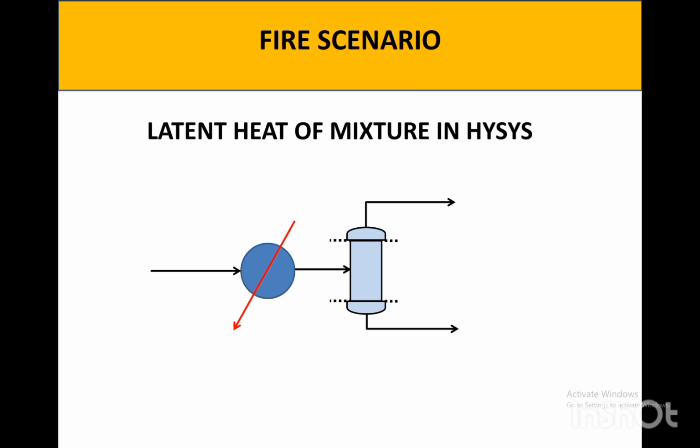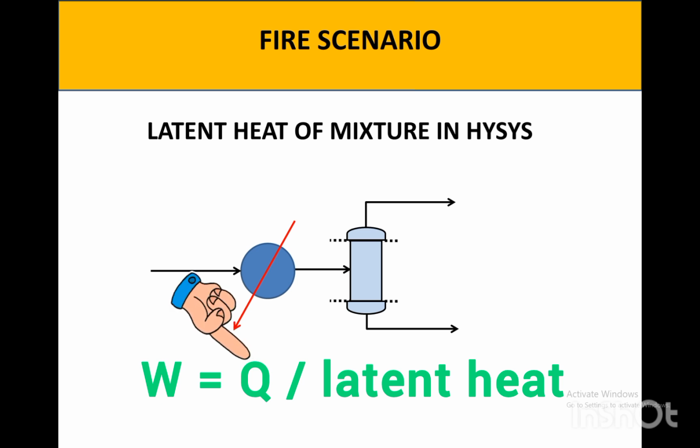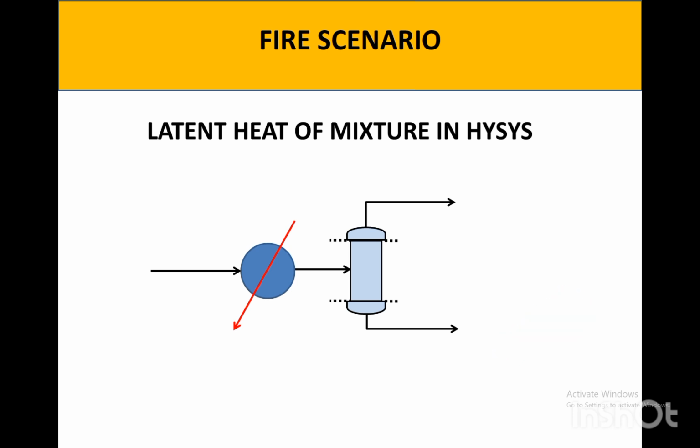Relief load equals heat absorbed by a vessel per latent heat. And I will discuss how to find the latent heat, especially when it comes to the mixture. It could be quite challenging. It's not so difficult, but it needs a logical approach to find the latent heat for the mixture. I will discuss it in the next video.